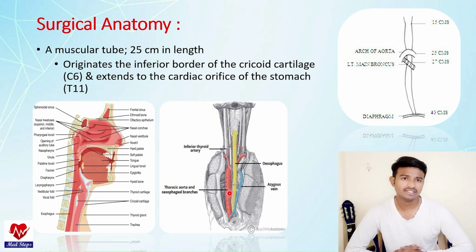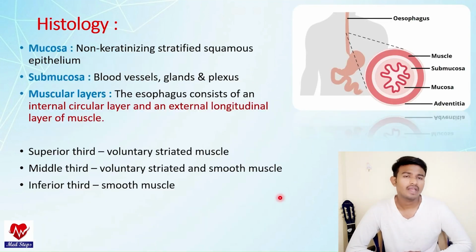For innervation, the parasympathetic supply is the vagal trunk. In the sympathetic nervous system, you will see cervical and thoracic nerves. Now, histology of the esophagus. If I cut the esophagus, I can observe four layers: mucosa, submucosa, muscularis propria, and adventitia.